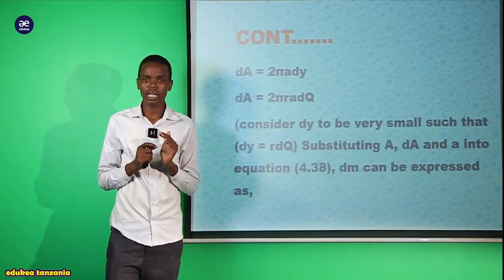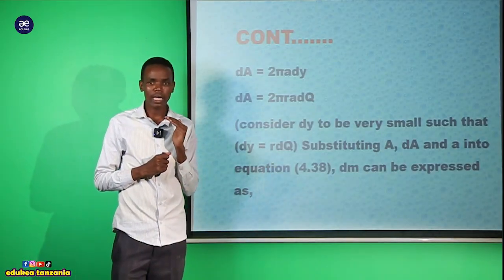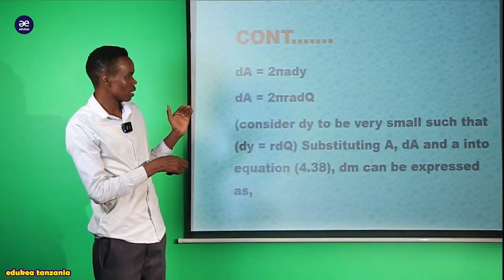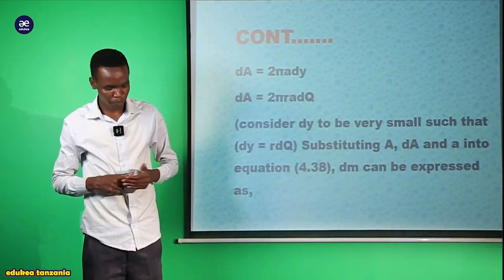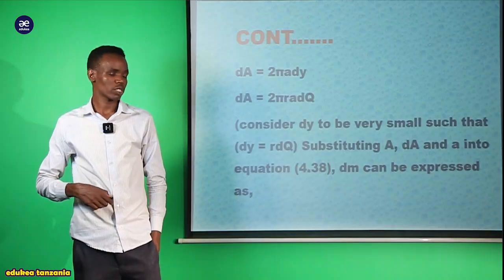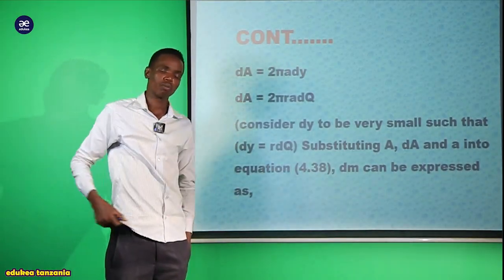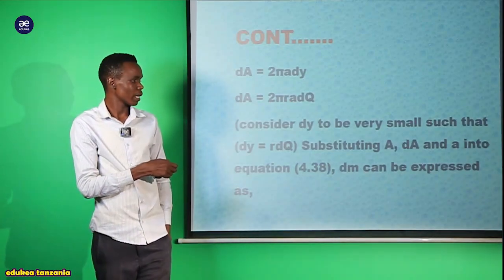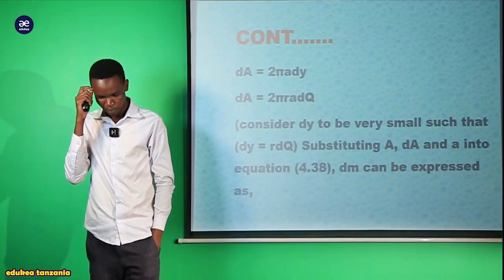If we make dy the subject, we obtain dy equals r d theta, which represents the small change of the displacement. Now we substitute from this equation, and we obtain dA equals 2 pi r a d theta, as we observe here.